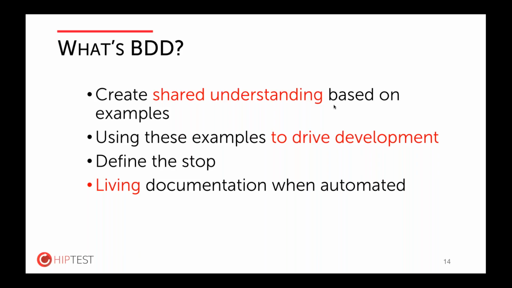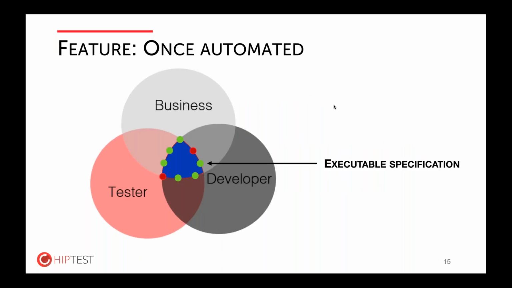The reason is they are the acceptance tests that are automated, so you know when they failed and when they passed. So it's always up to date. So this is what BDD is about.